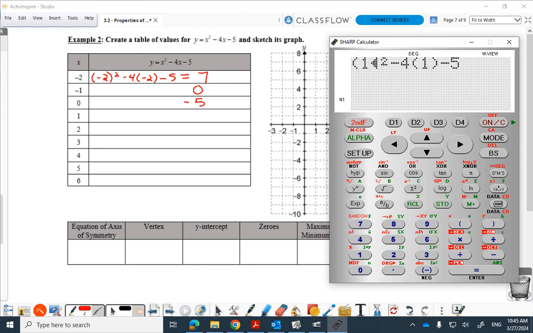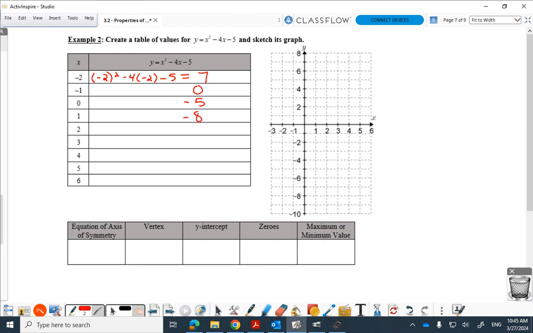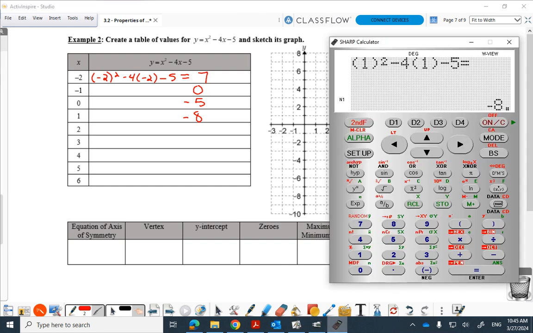Negative 8. And then change that to a 2. Negative 9. Interesting.